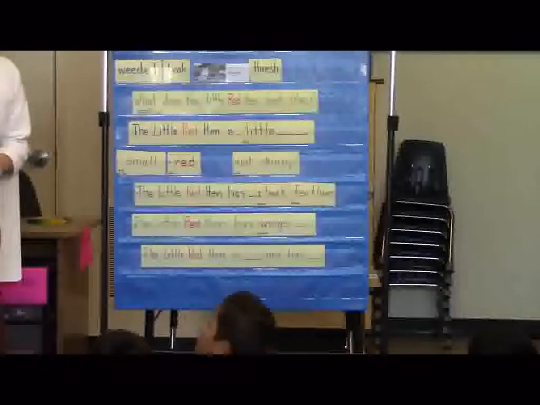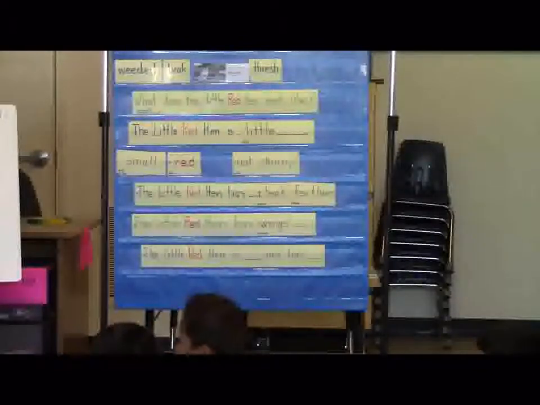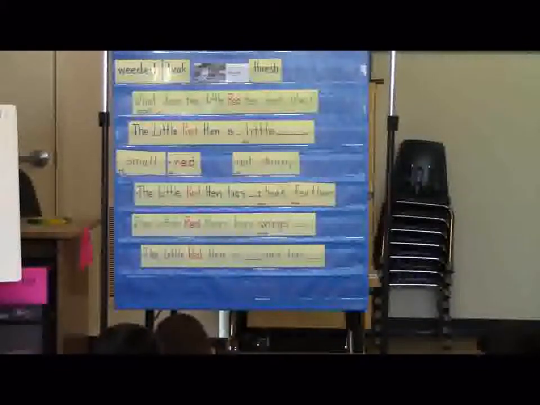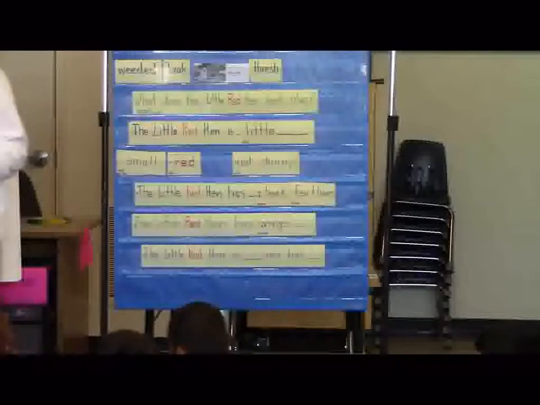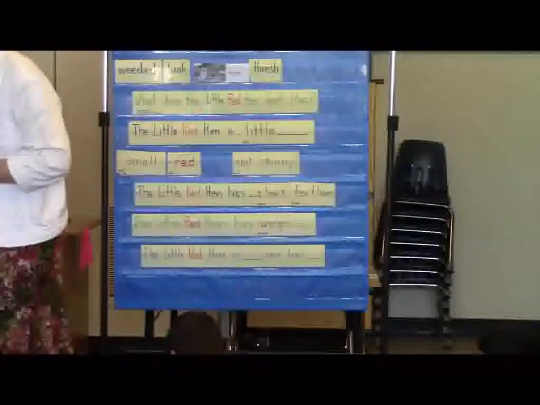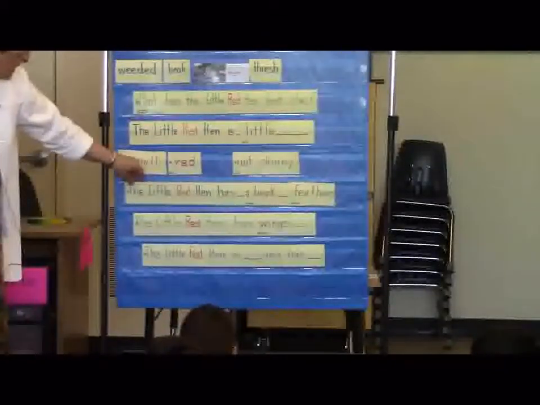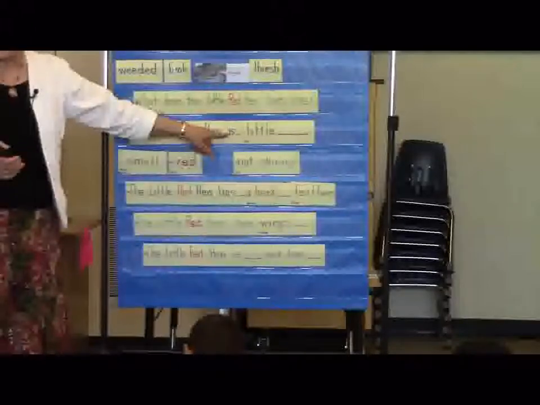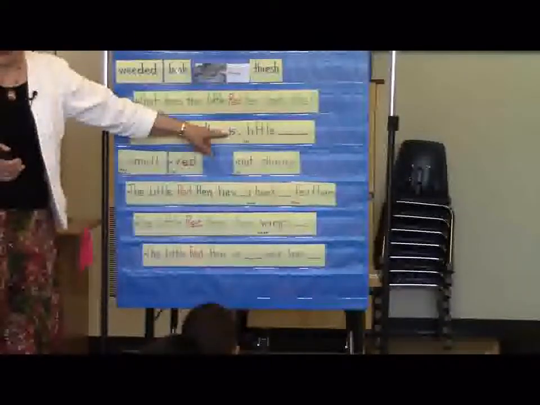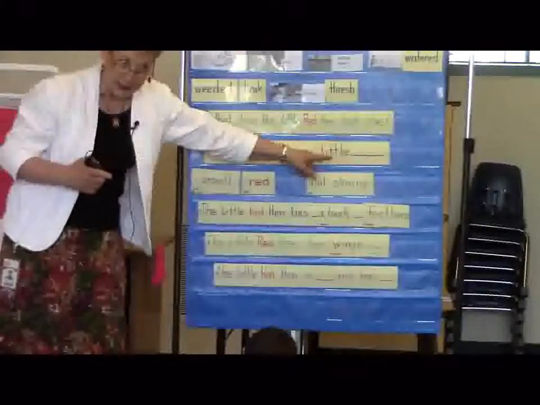Okay, so some of you are going to be standing along the wall here with your back like this, and you're going to all ask the question. The others of you are going to face your partner and you're going to give the response. Now, you can say, the little red hen is, everybody say that, the little red hen is little.